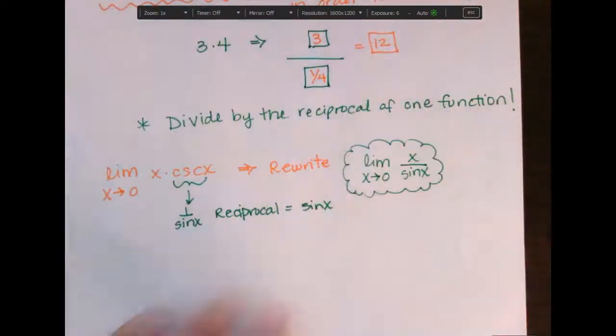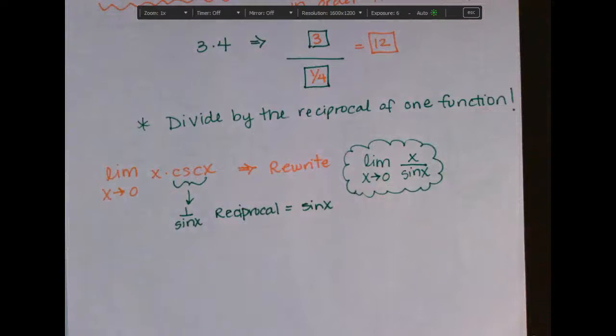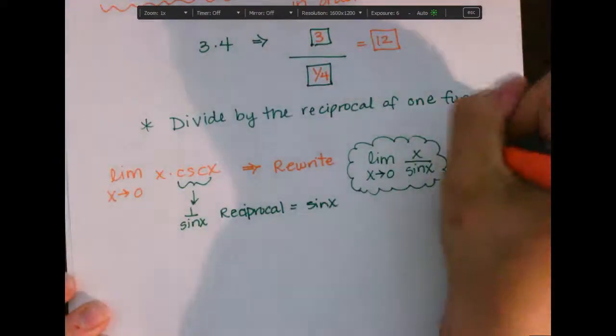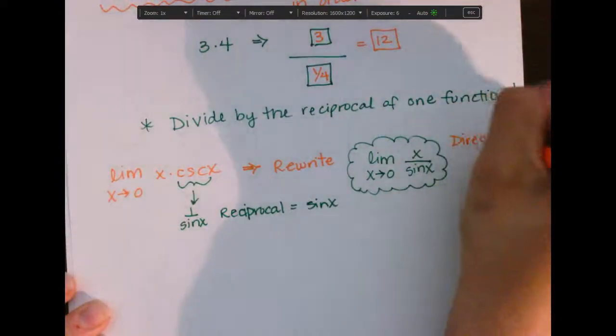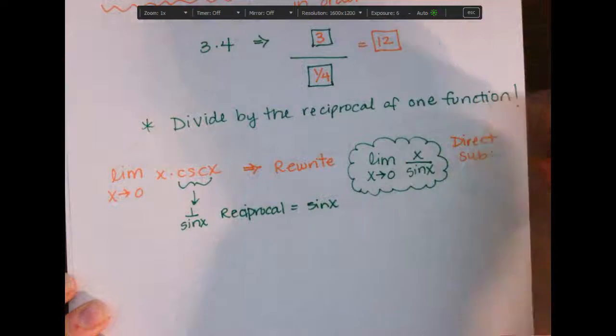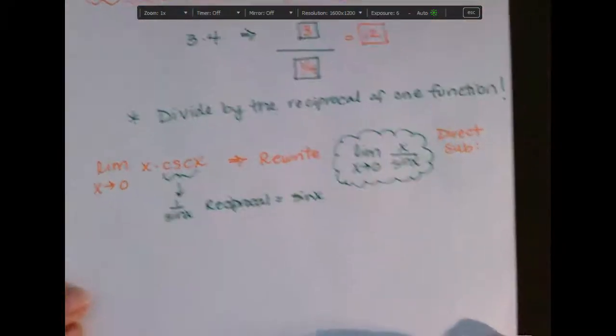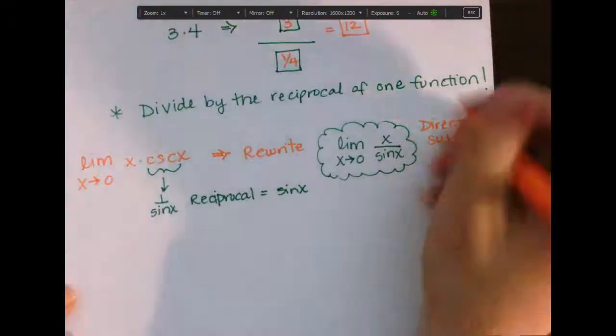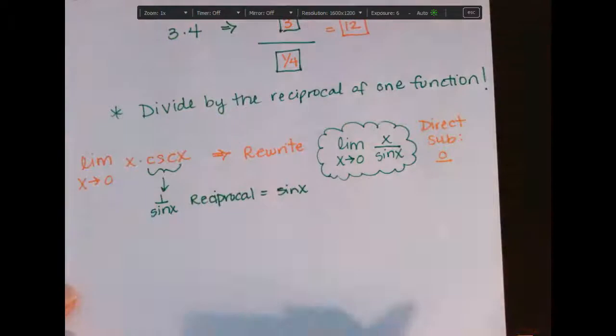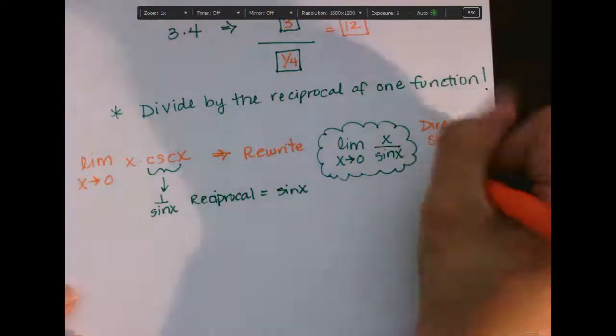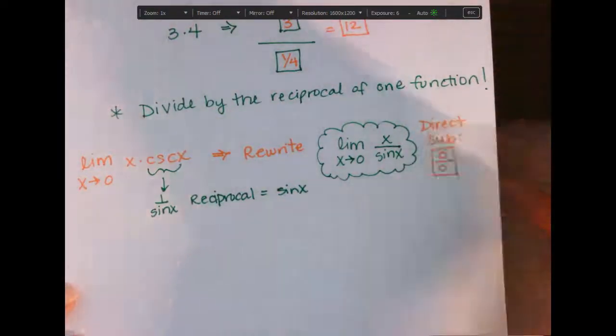Now, let's try to evaluate the limit. So if I were to use direct substitution, let's see what form we would have. We'd have 0 on the top. We'd have the sine of 0 on the bottom, which is 0.